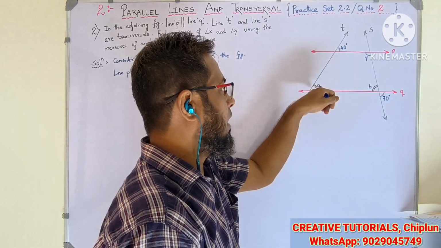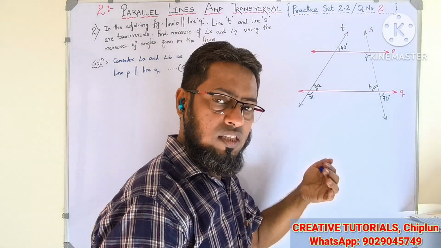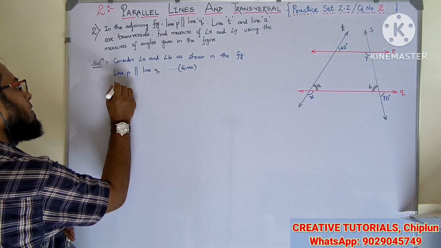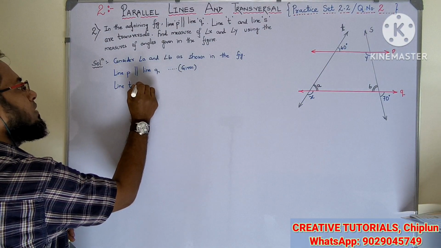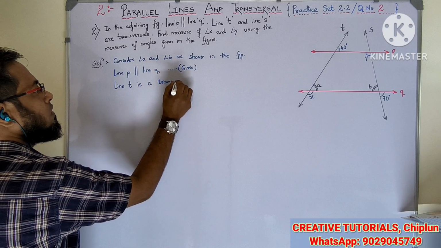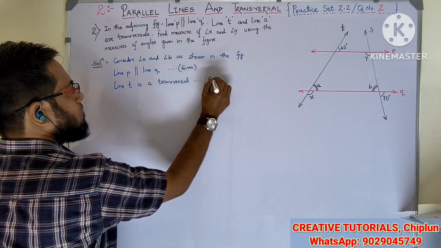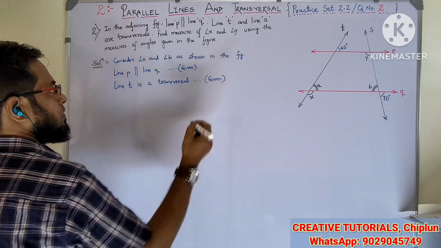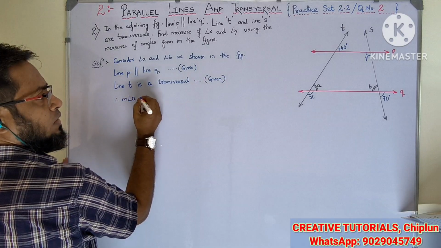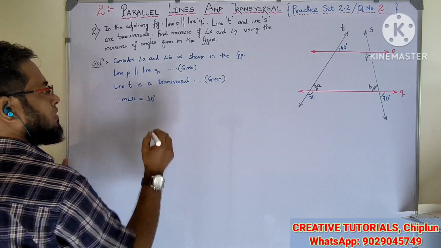this A is made with the help of this transversal T. That is the reason why I am first considering my transversal T. Then line T is a transversal. This is also given to us. Therefore, measure angle A is equal to 40 degrees.